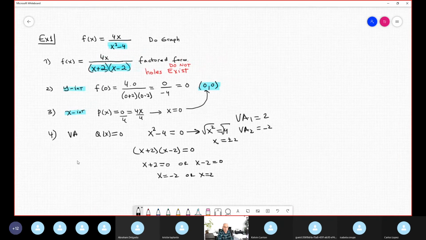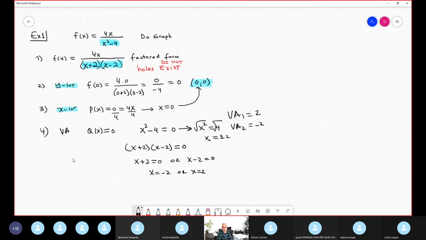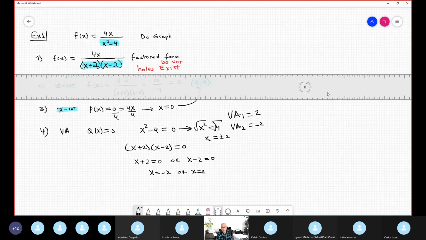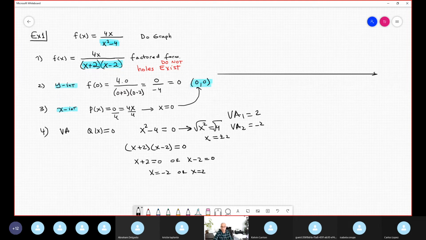Now, this is a moment in which I like to do the partition of my domain, which is all real numbers except the restriction that we have. I plot, for example, this important point, 0, 0, the origin here. This is infinity, negative infinity.